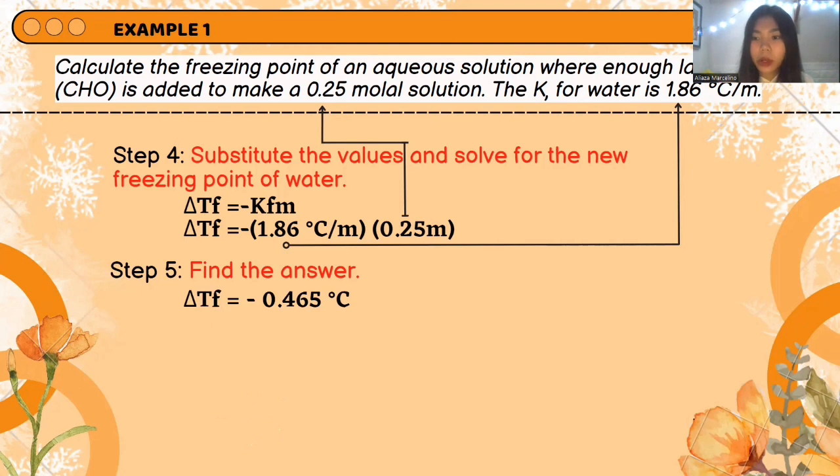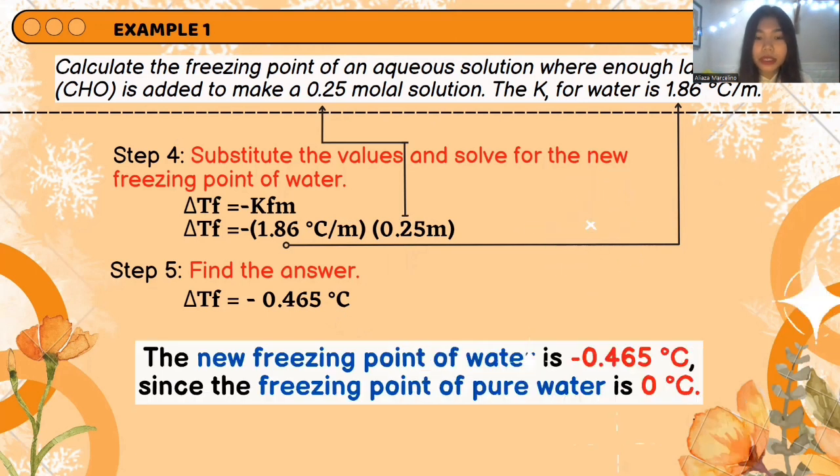We got this by multiplying them and putting the unit in the final answer. Multiply them first and then put the unit. So, the new freezing point of water is negative 0.465 degrees Celsius since the freezing point of pure water is 0 degrees Celsius.